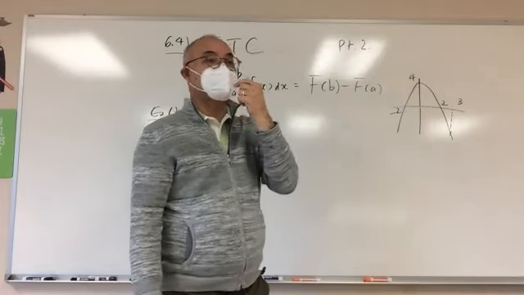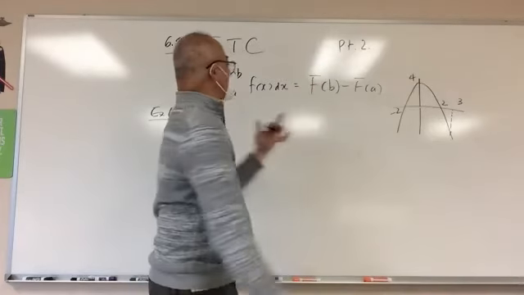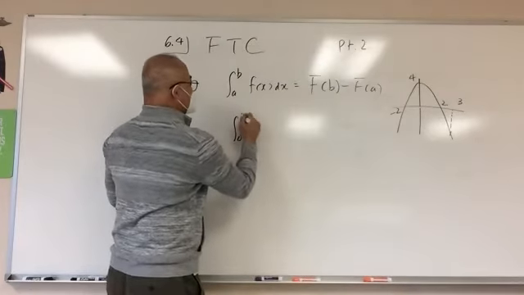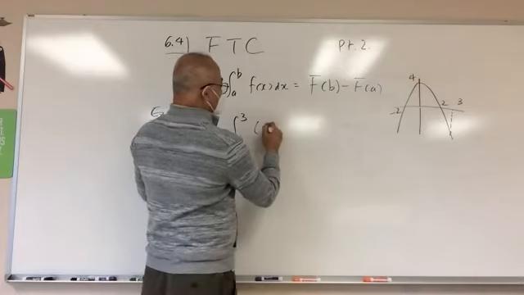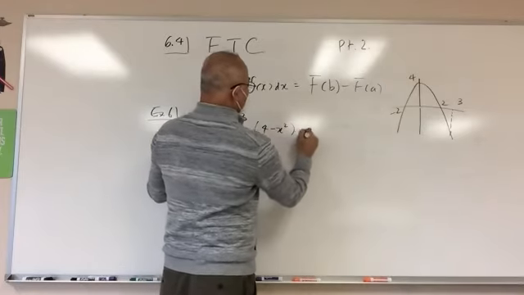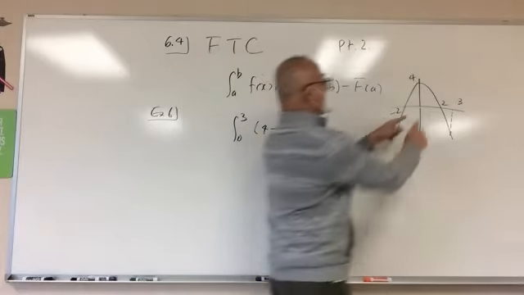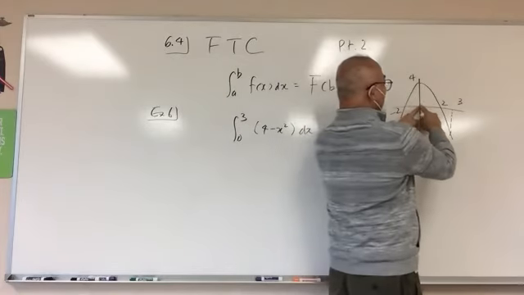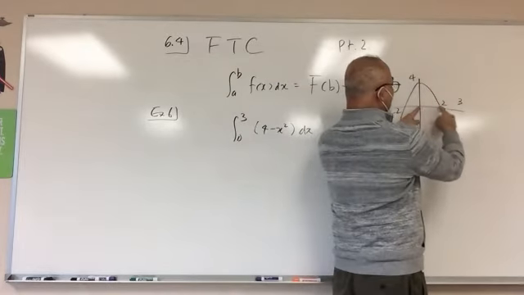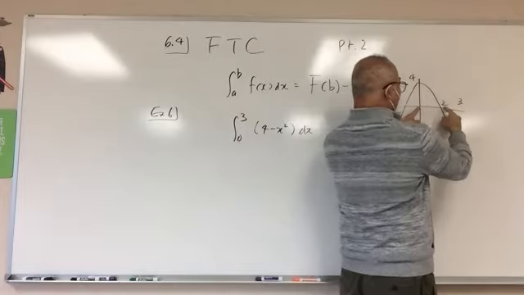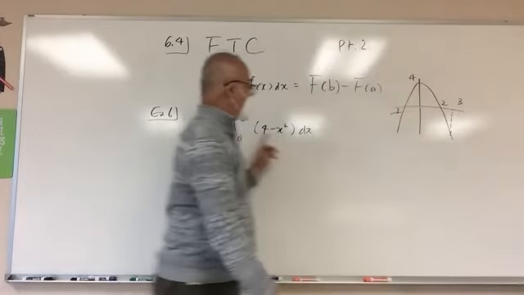It's asking for a different thing. If they just blindly asked 0 to 3, 4 minus x squared dx, that would be something else, right? You would count from here and you would go positive. So you'd be adding positive here and you would add a negative here, right? And then you would get something there.